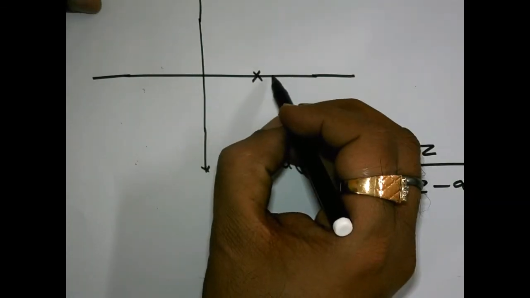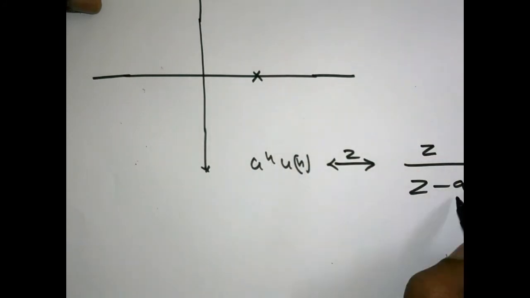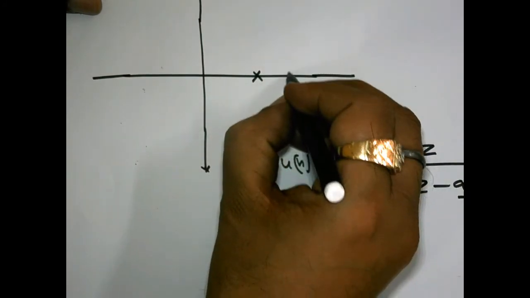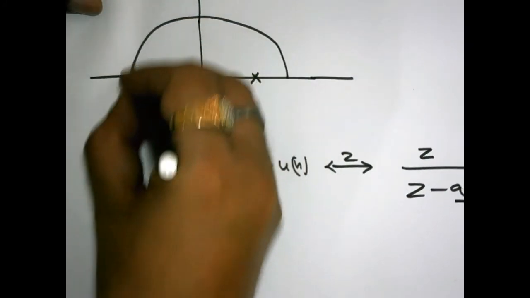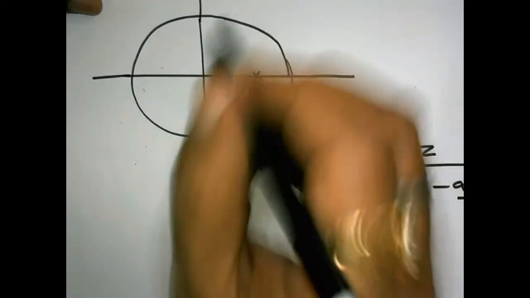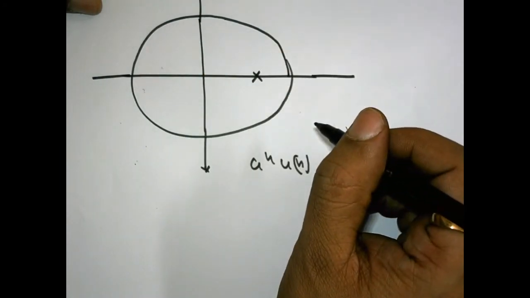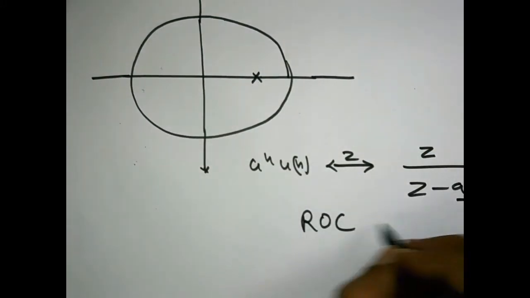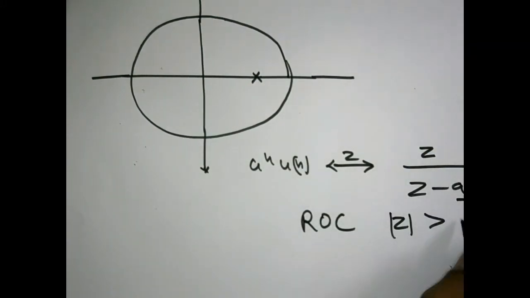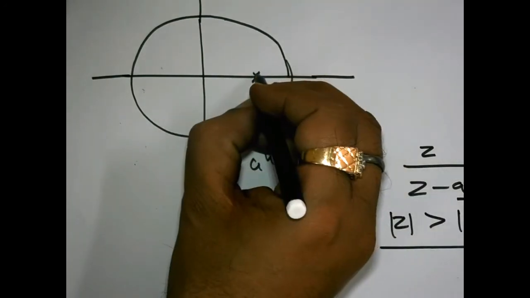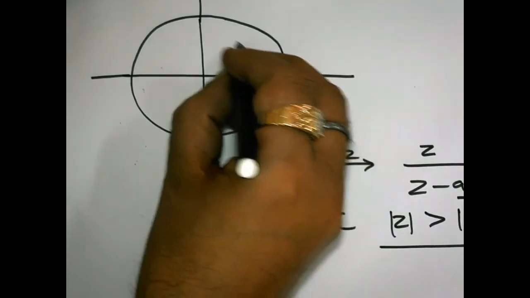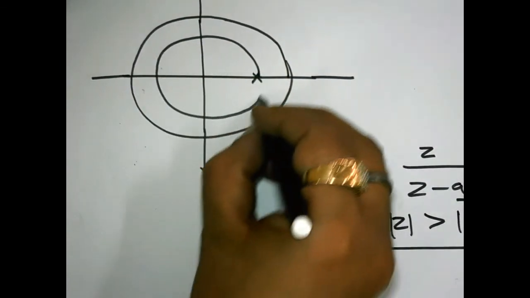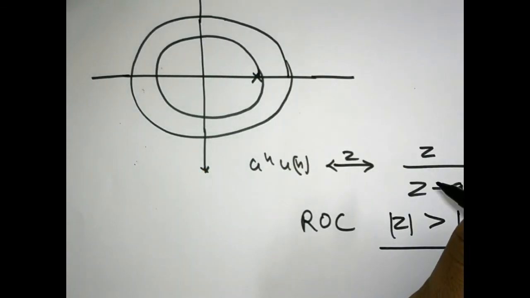If this pole a is inside the unit circle, what is the region of convergence of this signal? This is exterior, meaning ROC is mod z greater than mod a. This means ROC is exterior to a circle having radius a.